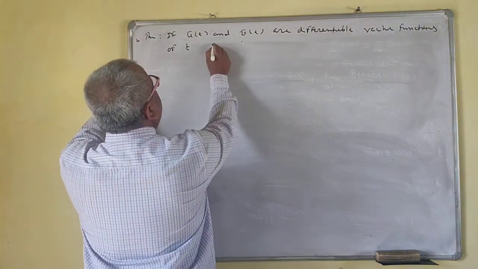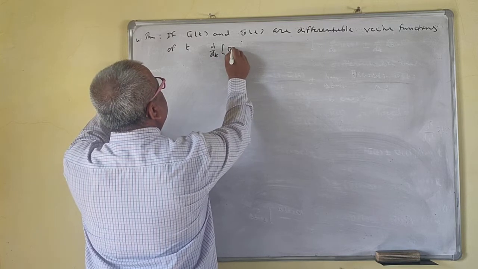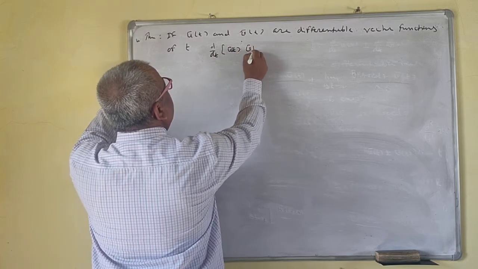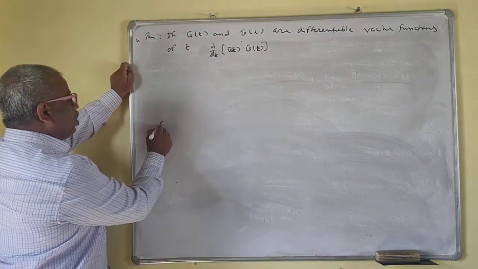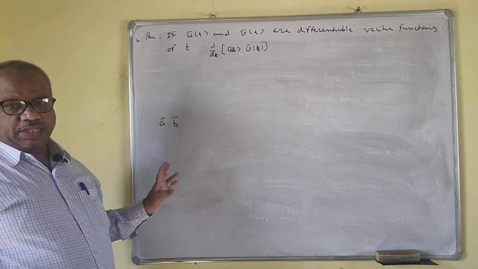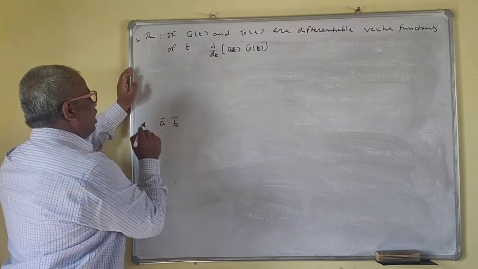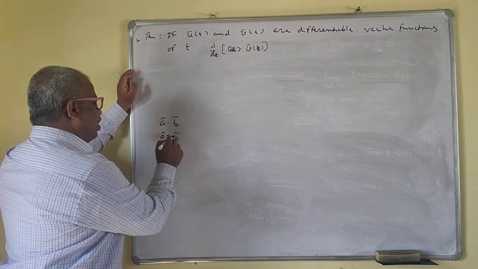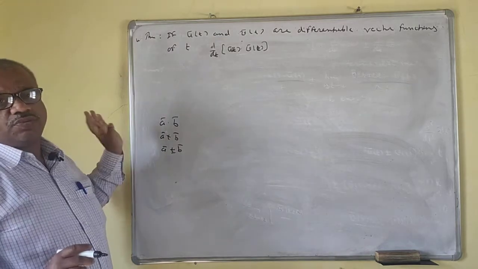Okay, so then d by dt of u bar of t dot v bar of t. So note that between any two vectors, one symbol should be there. If you write a bar b bar, it is not defined. So a bar cross b bar, or a bar plus b bar, or a bar minus b bar, some symbol should be there.